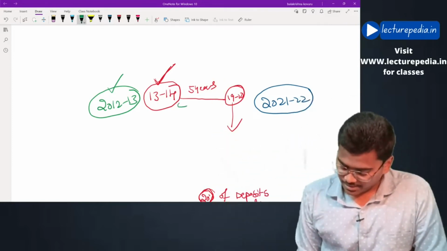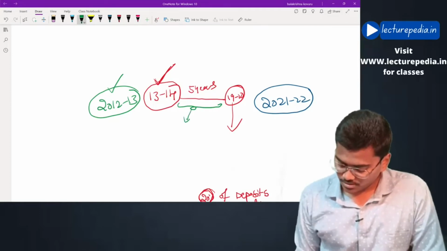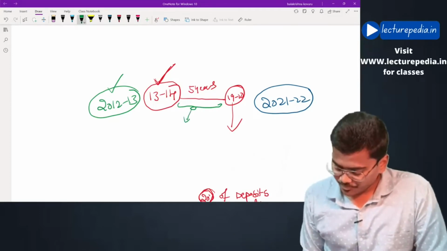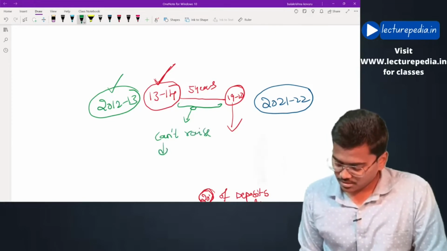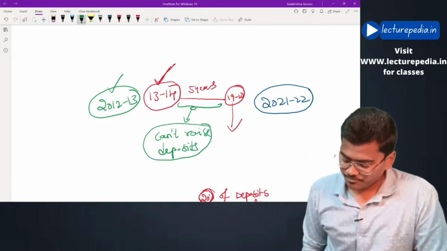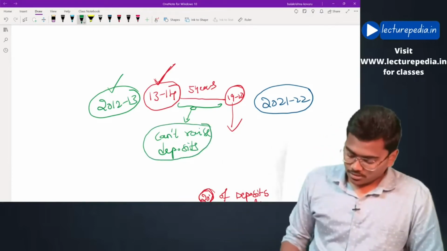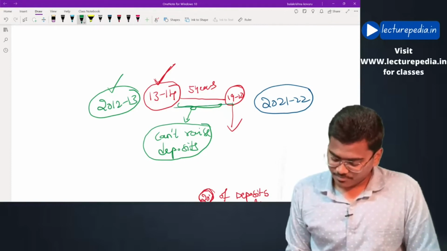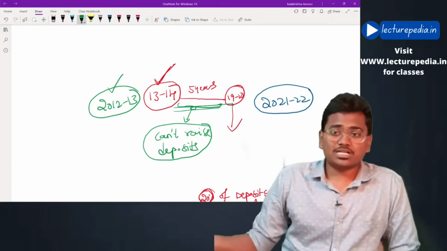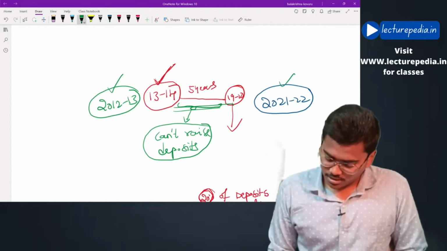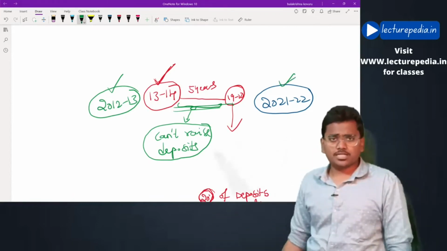In this period, the company can't raise deposits. Hope this is clear. But in our present example, 5 years have already elapsed from the date on which the default was made good. Thereby in 2021-22 the company can raise the deposits.